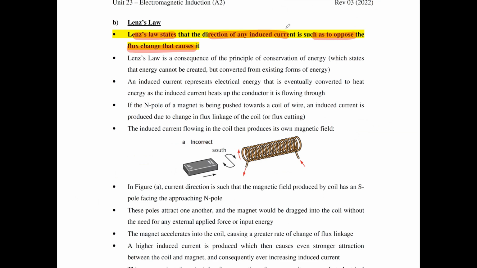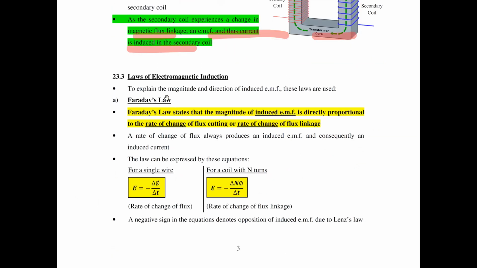One thing to mention here is that when it comes to Faraday's law, a lot of times we often use current and EMF interchangeably. But when you want to write down the definition, be very careful.